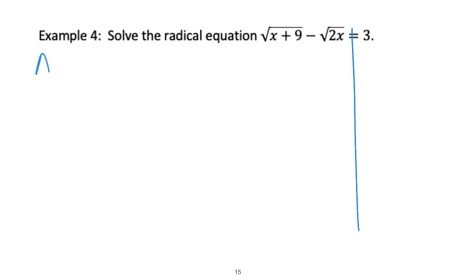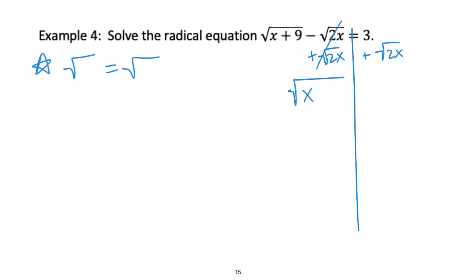I don't want them both on the same side. So to fix that, I'm going to add this one to the other side, just so I have a radical on each side. Now on this side, I just have this one. And on the other side, I have 3 plus this.